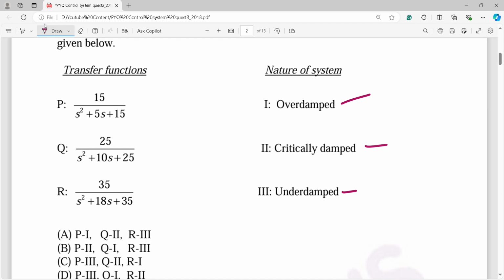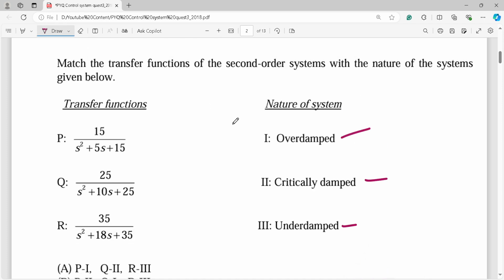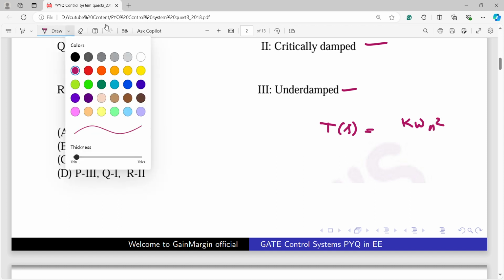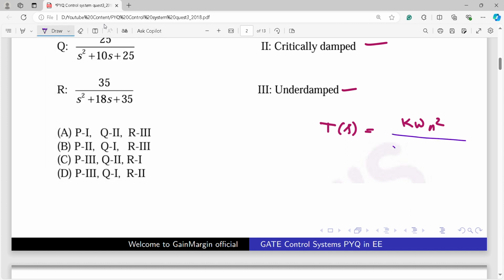To solve this kind of question, the standard second order system is given, and as we know, the standard second order system for a unity feedback system is T(s) = k omega n square by s square plus 2 zeta omega n s plus omega n square, where k is the DC gain.